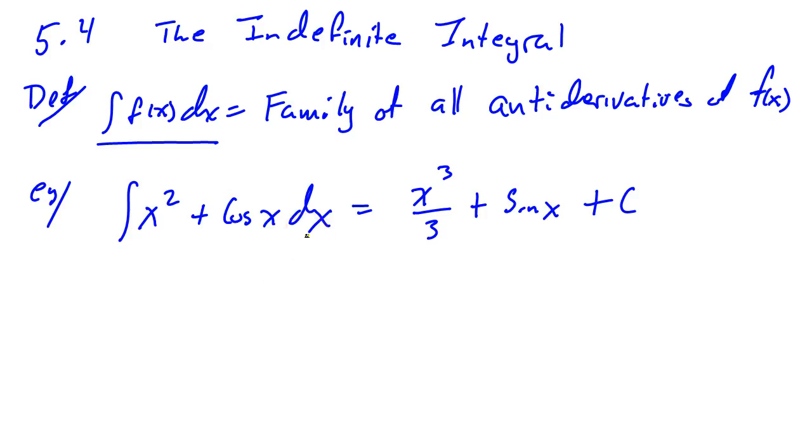Now notice here that the notation for the indefinite integral is very similar to the notation for the definite integral, but the result is very different, because if I had the definite integral of f of x dx from a to b, this is equal to some number, right?